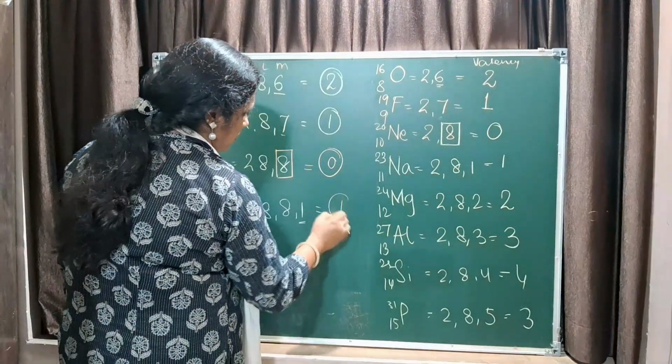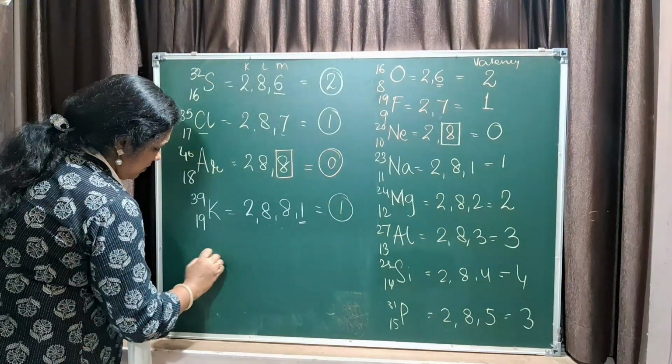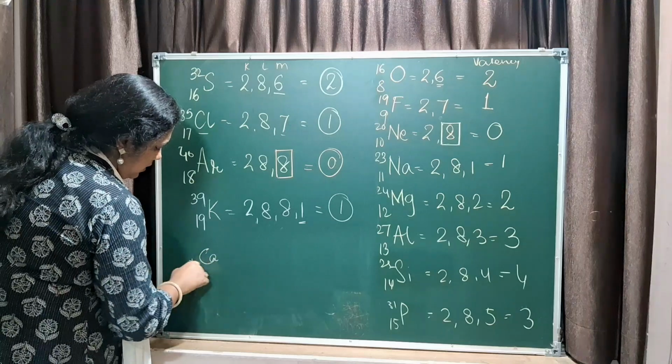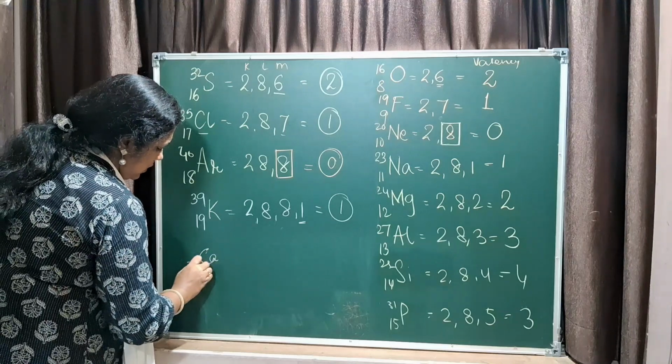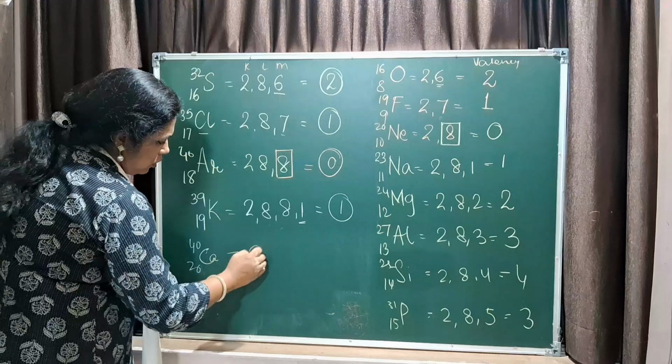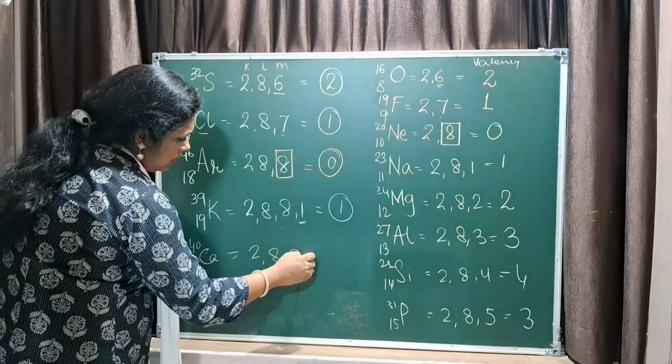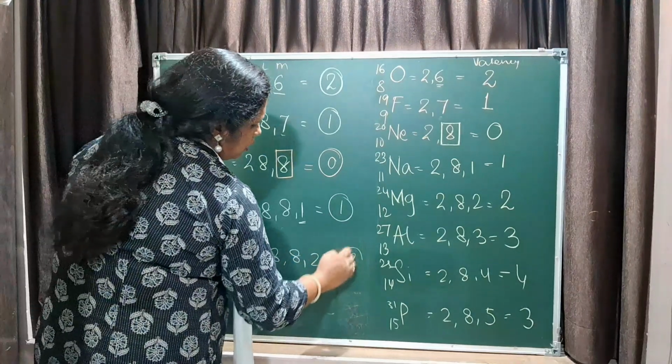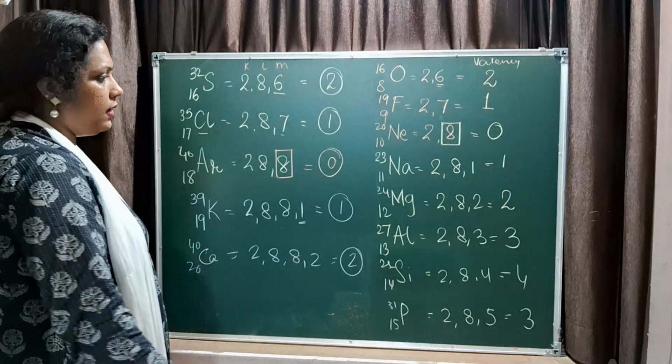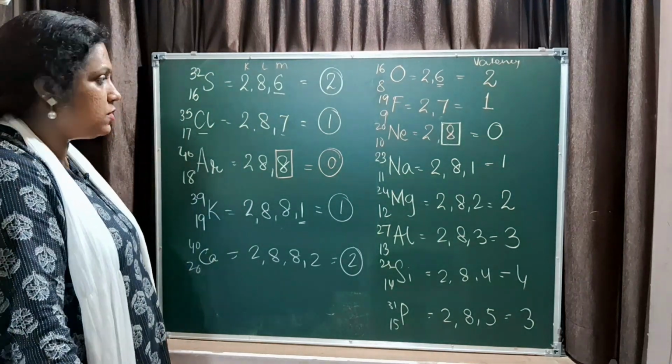Outermost shell has 1. Calcium, that is 20, and 40. 2, 8, 8, 2. Valency is 2. Right. Is this clear to you how the valency is being decided?